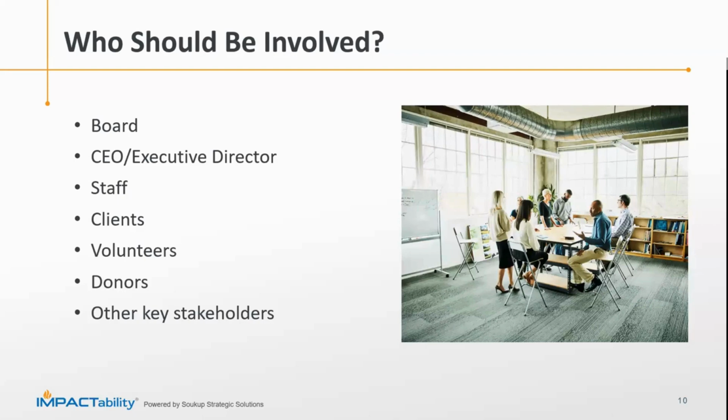We've had organizations that have developed strategic plans with the executive director and with the board, but didn't involve any other stakeholders in any way. We recommend that you involve stakeholders in the process.